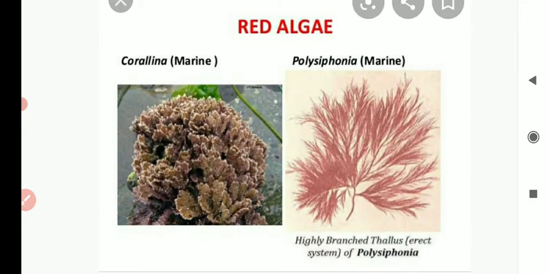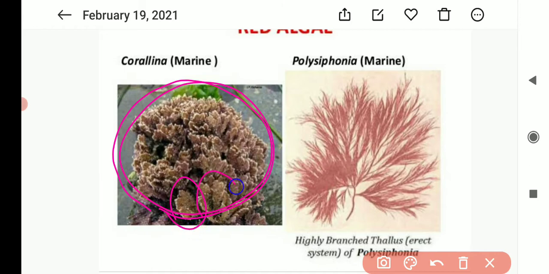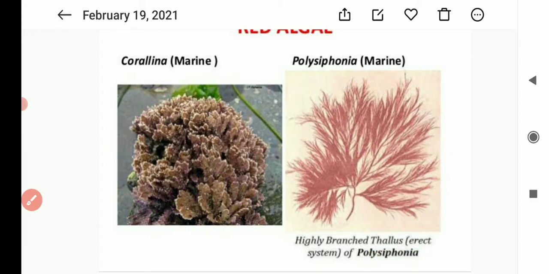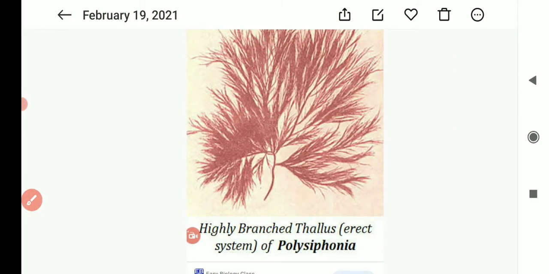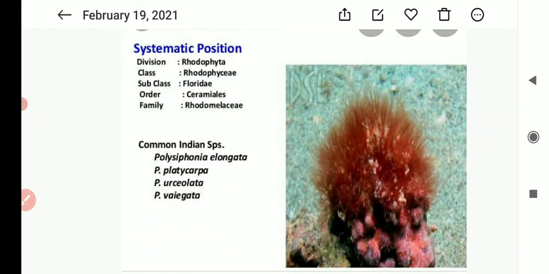So it can appear this way also, where the erect system looks flat, or here they look like leaves. It appears leaf-like. This is the same picture. Okay, let's go ahead.